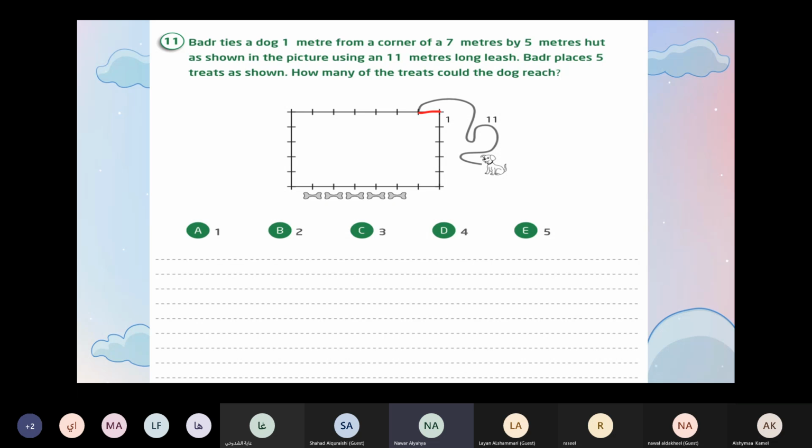Badger places 5 treats as shown. How many of the treats could the dog reach?